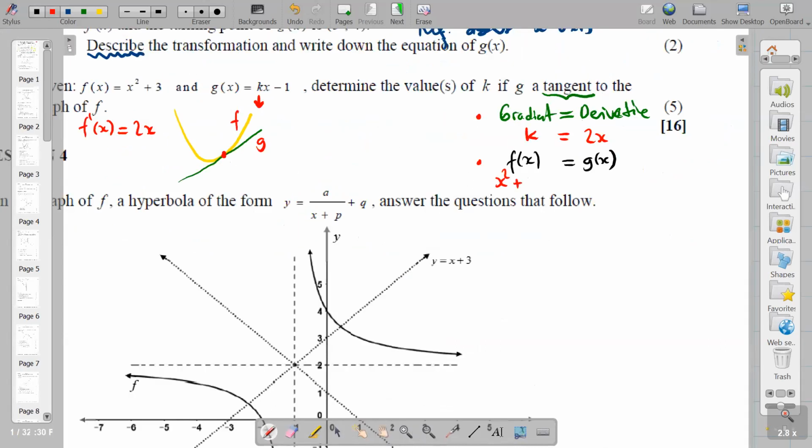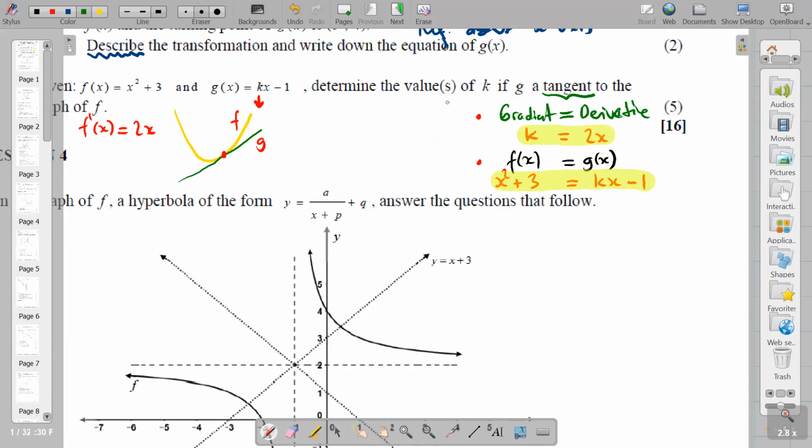So x squared plus 3 must be equal to what? kx minus 1. So can I solve this equation now? It's like solving simultaneous equations. You have two equations, and one of them is a straight line equation. So you substitute k into this one, and we'll be solving with the substitution method.